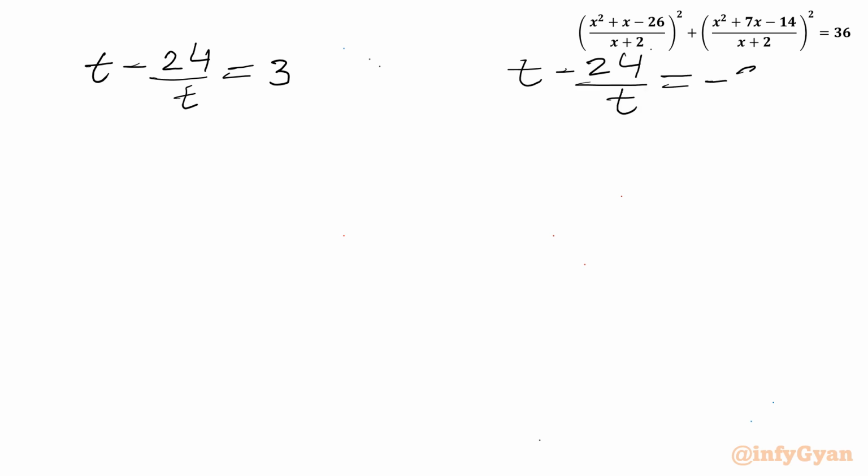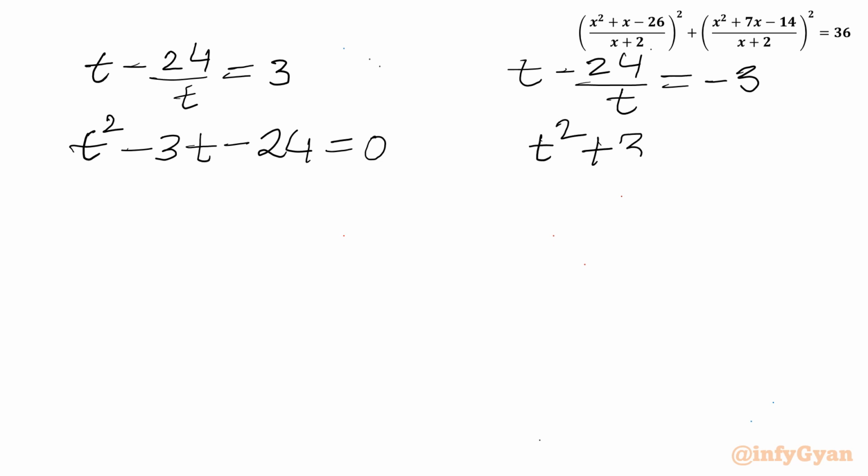So I will be writing t − 24/t = 3 and t − 24/t = −3. Let's solve. So I'll be writing here t² − 3t − 24 = 0 by multiplying both sides by t. Here also t² + 3t − 24 = 0.